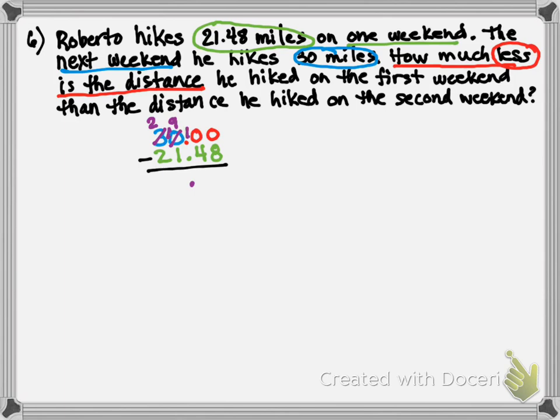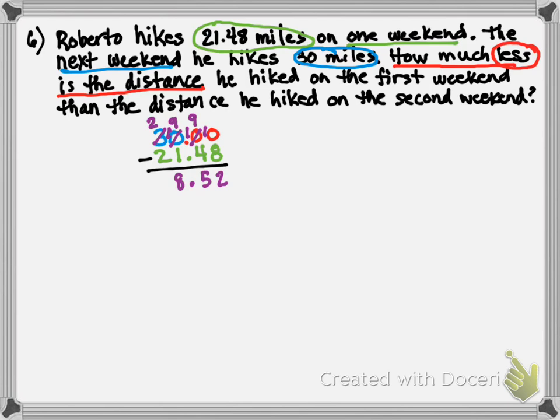However, it does not help me in the hundredths column. So I'm going to take away 1 tenth, and I'm going to turn it into 10 hundredths. Finally, I can do my subtraction. So 10 take away 8 is 2. 9 take away 4 is 5. 9 take away 1 is 8.